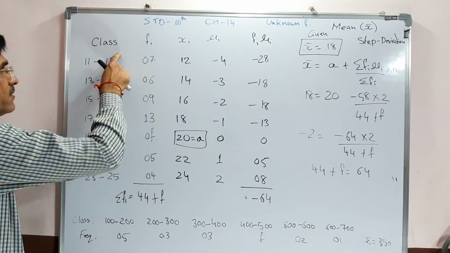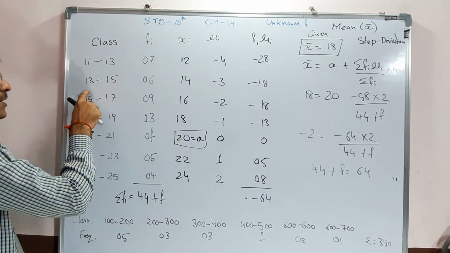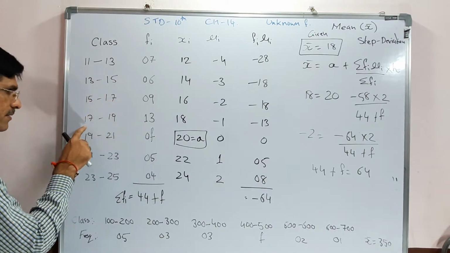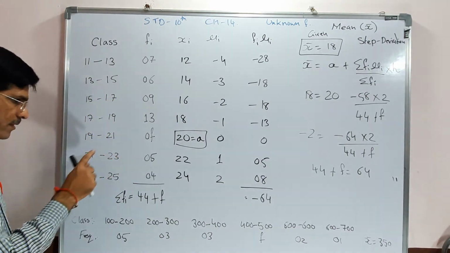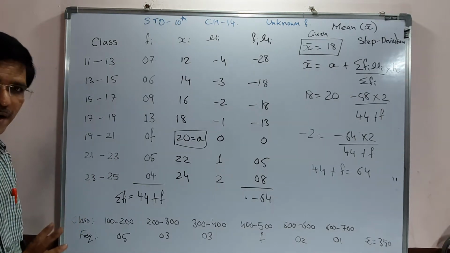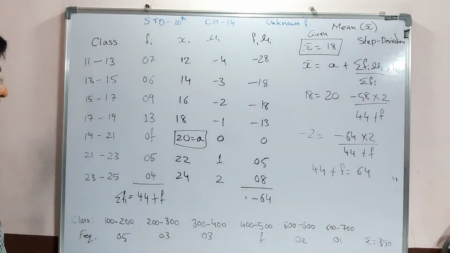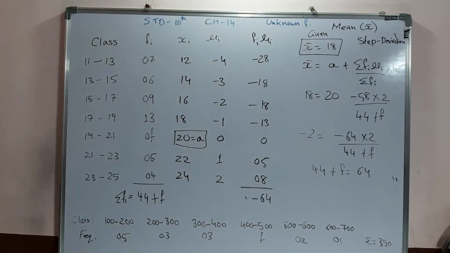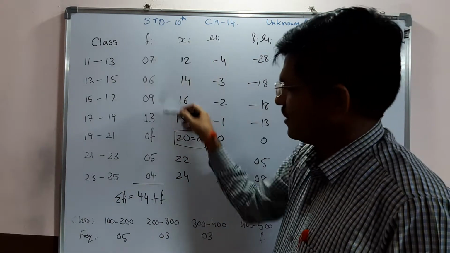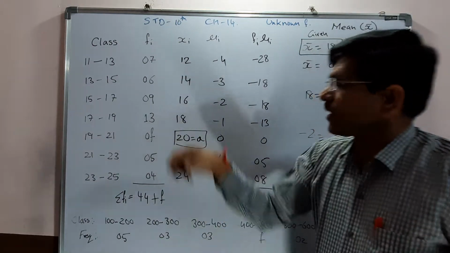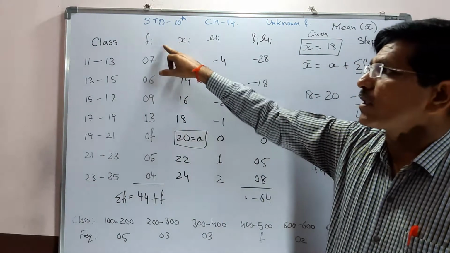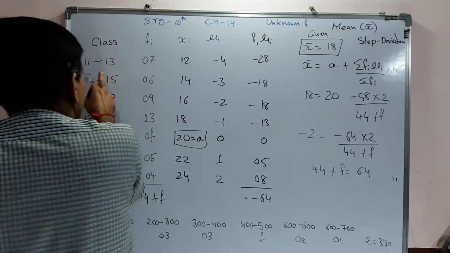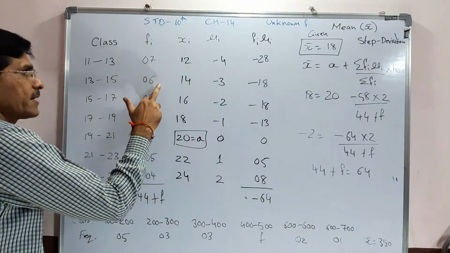So here the classes given are 11 to 13, 13 to 15, 15 to 17, 17 to 19, 19 to 21, 21 to 23, 23 to 25. These are all the classes. You will see that frequency is also given, but the unknown frequency f is here. The first frequency is 7, second is 6.